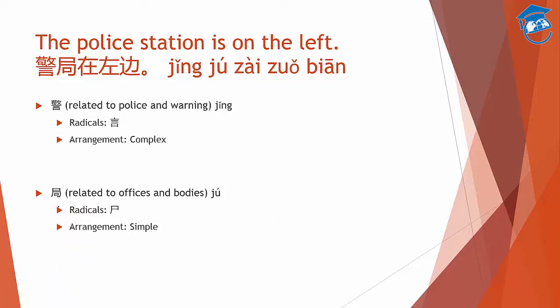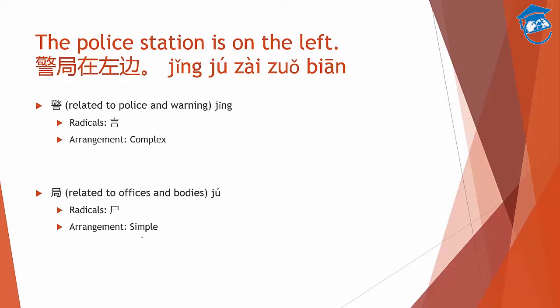The next one is 局. 局 is often related to offices and bodies, but it has different usage in different words. So for now, I will just let you know it has this type of meaning. This is the pinyin, and the radical is what's on the top left corner here.